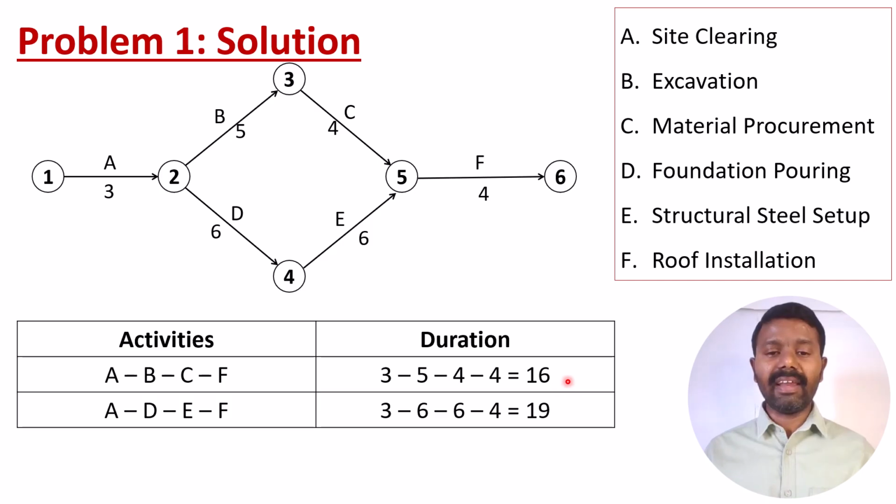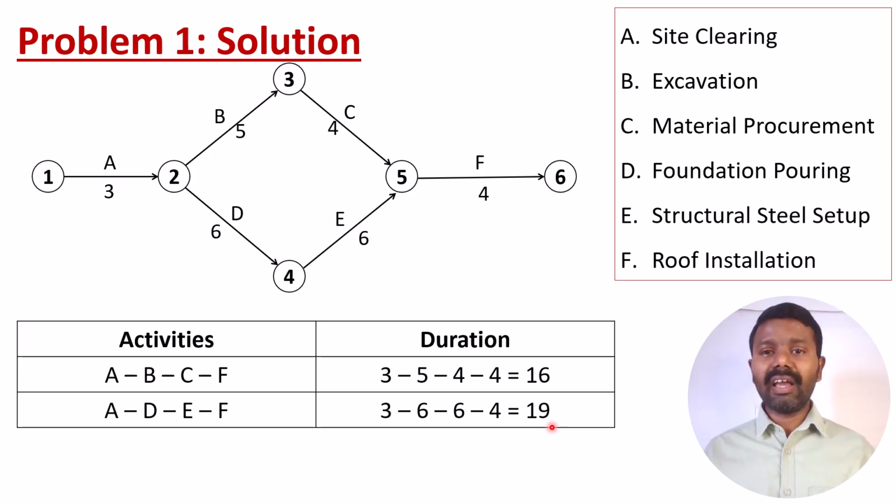Total, if I calculate, it is a 16-month duration in this path. And let us go to the next path, that is A, D, E and F. In this, the time durations of the activities are 3, 6, 6, 4. If I add all these activities, it comes to 19 months.